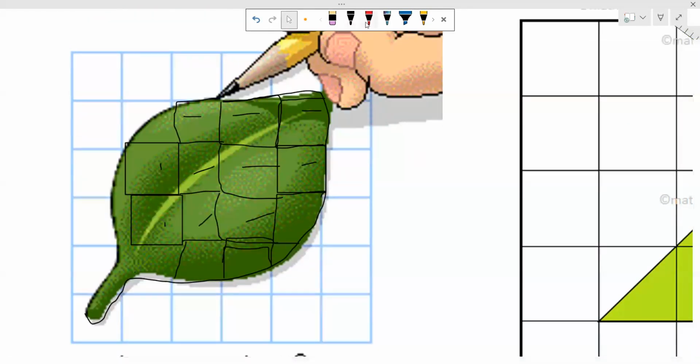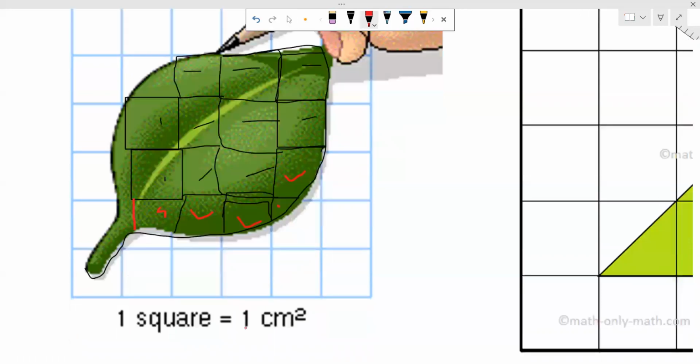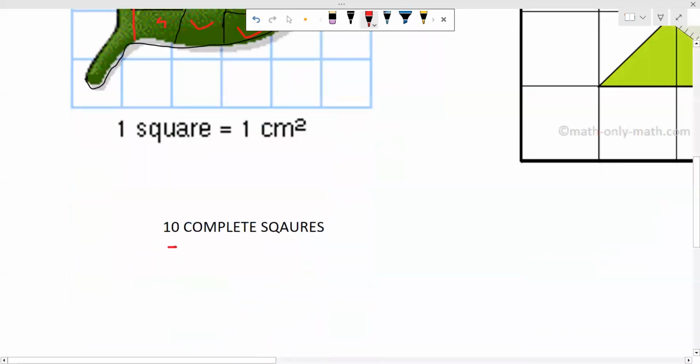And how many incomplete squares? 1, 2, 3. Here also you can take one as 4. So there are 4, 5. So 5 incomplete squares are there.